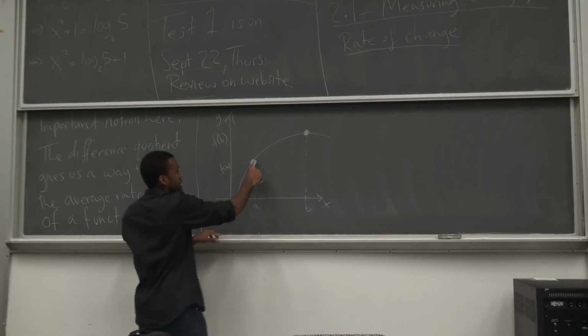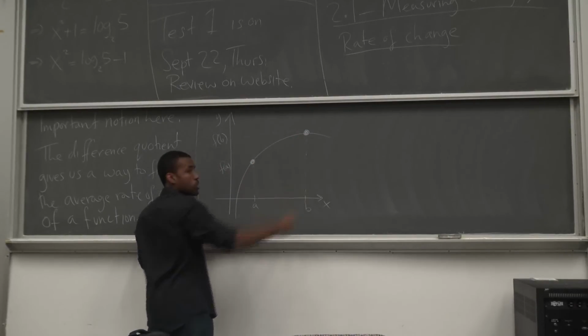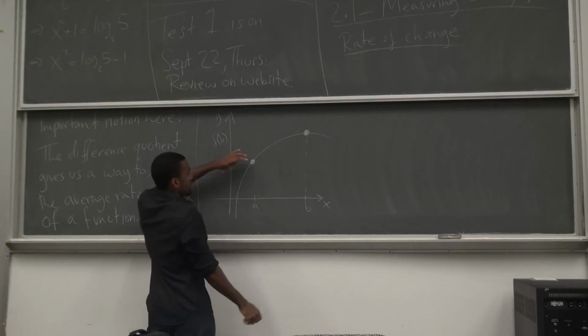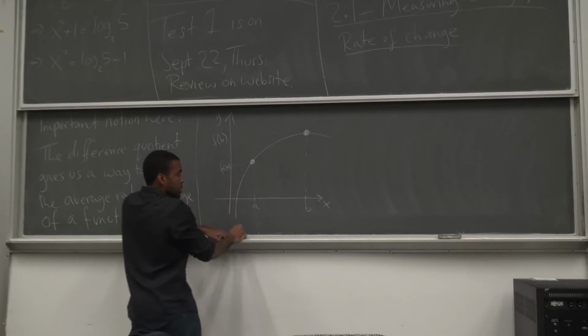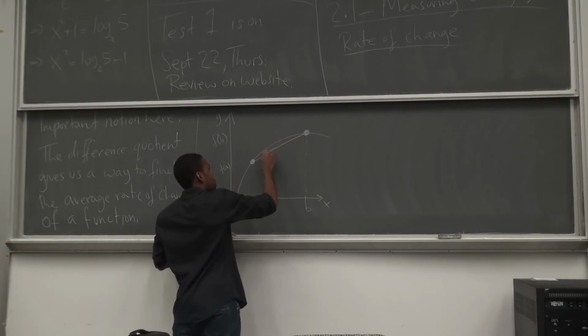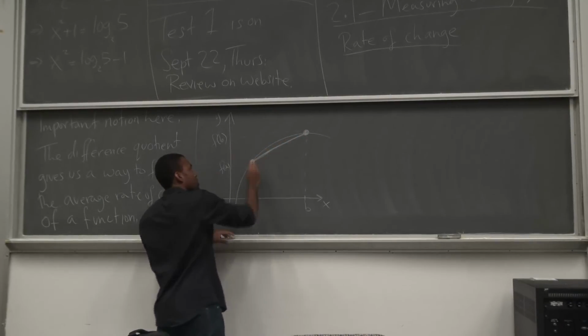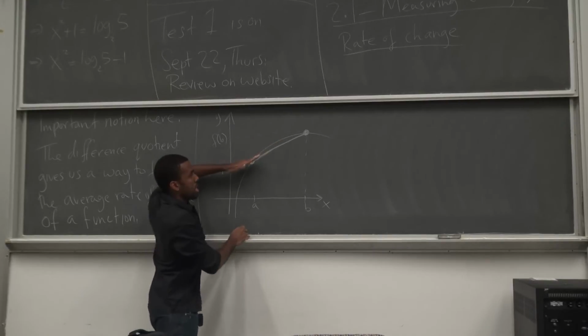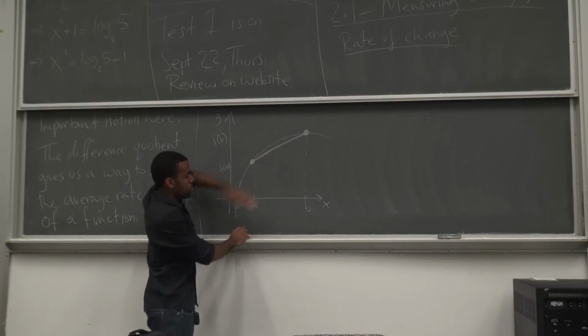On average. I don't actually care what the function does in between, you can do whatever. But overall, how much did it change from here to here on average? And the idea is, we connect that with a straight line. Because it can do whatever, but on average it's just going between those 2 points.